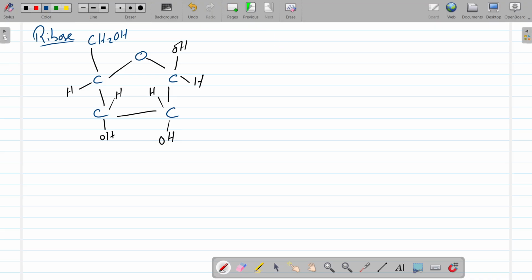For a hexose, we have glucose. And glucose has 6 carbons. So what we start off with is it looks like a hexagon.